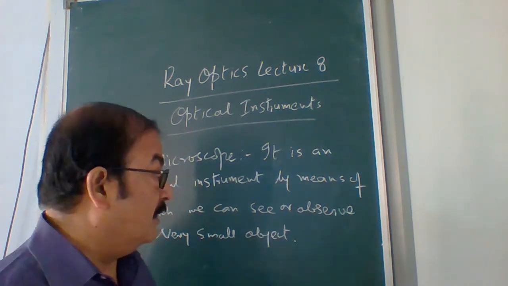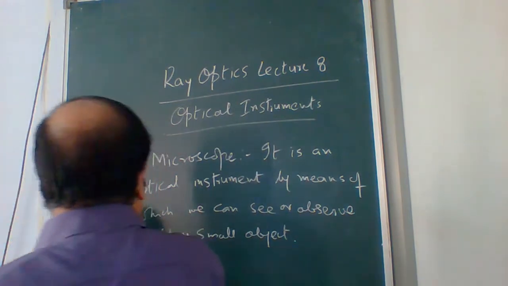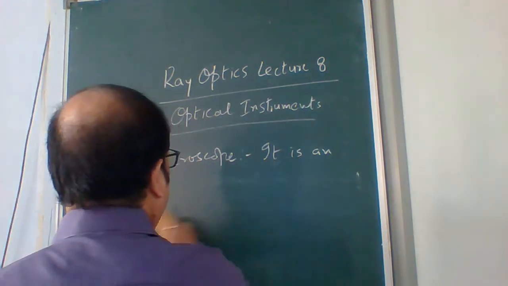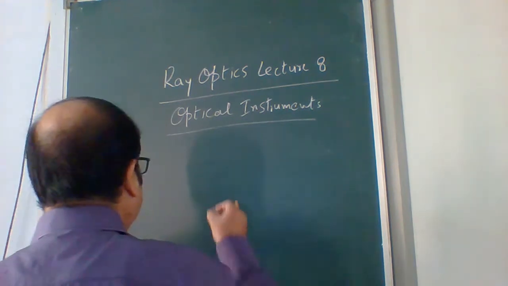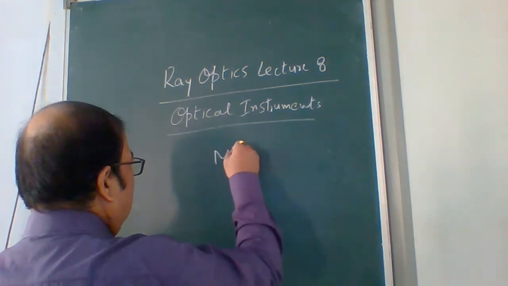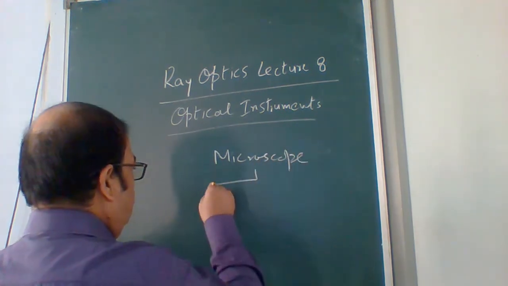Well, after knowing the microscope, we can see how many types of microscope there are. A microscope has two types.